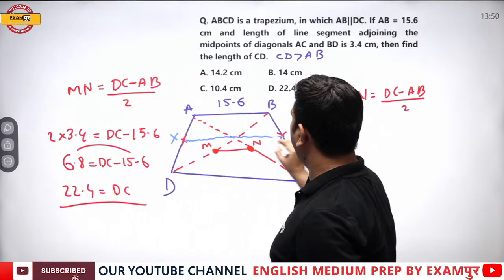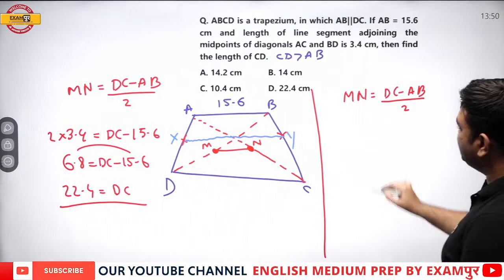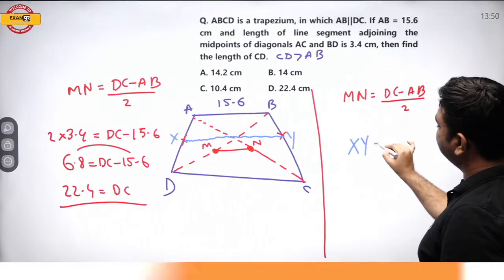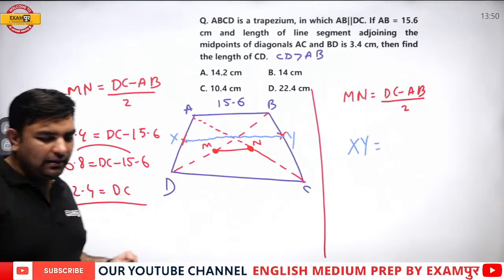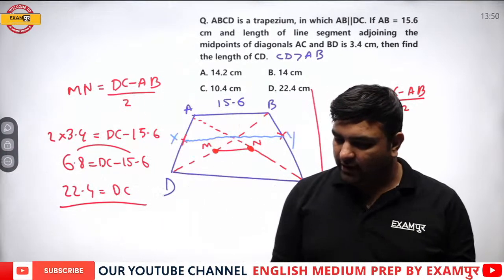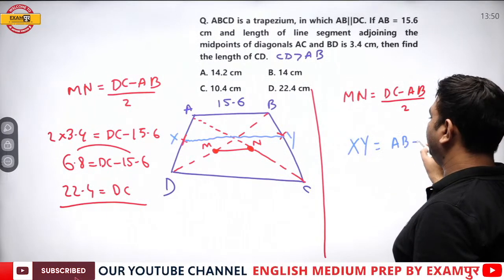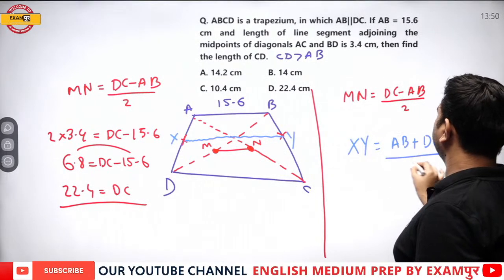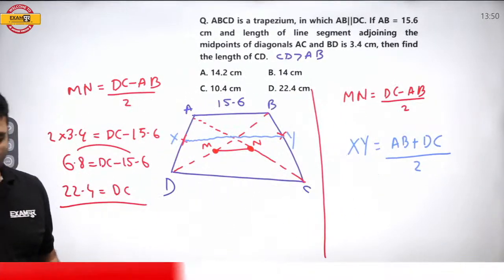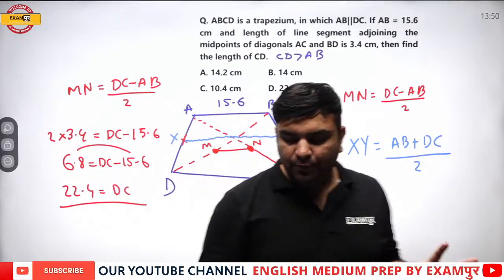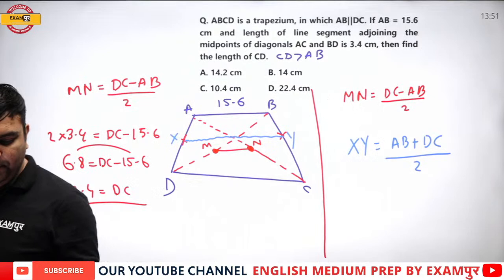If X and Y are the midpoints of the non-parallel sides, what is XY? That is AB plus DC divided by 2.